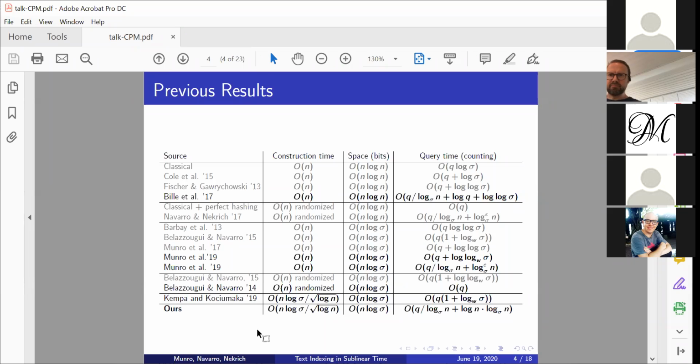So if we use the BWT construction algorithm of Kempa and Kociumaka, then combine it with rank and select queries using wavelet trees, then the query time for counting queries would be proportional to the length of the pattern times 1 plus log base omega of sigma. Omega is the word size.